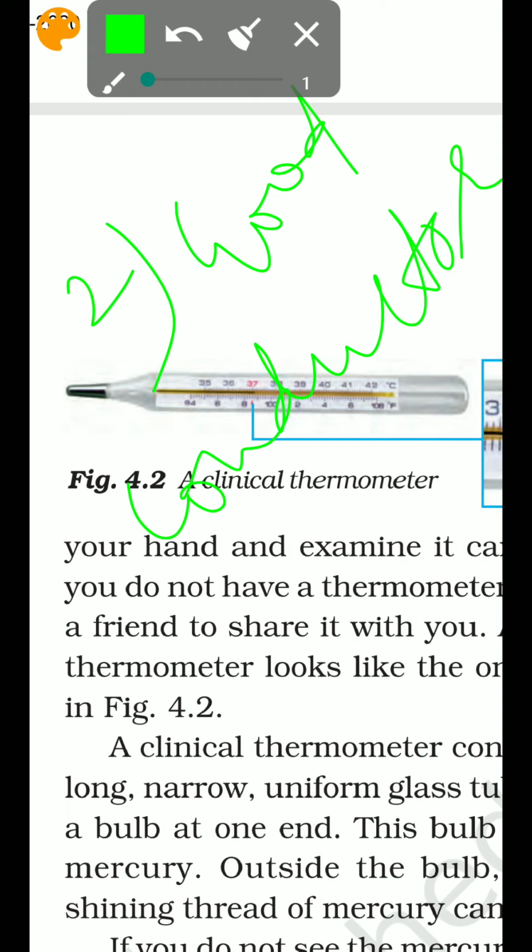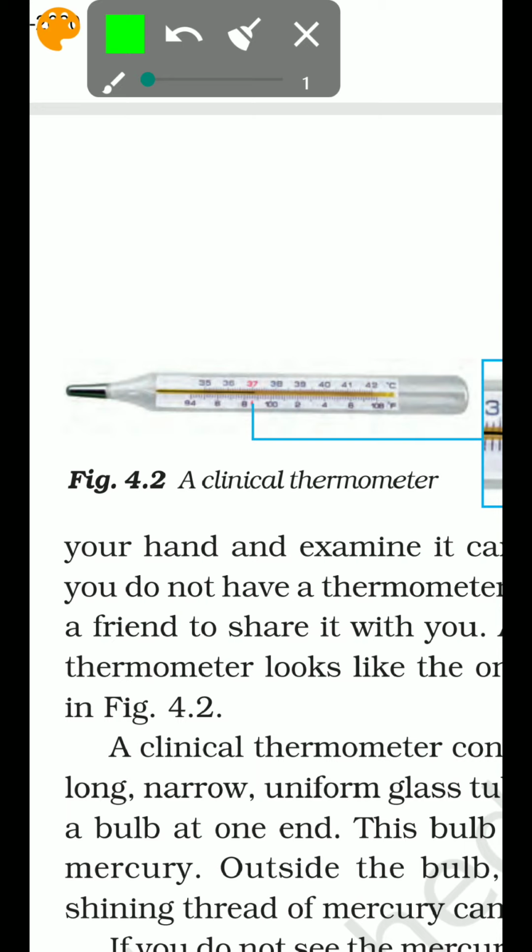As you know, a good conductor has the capacity to transfer heat or electricity. So any liquid which is a good conductor, in which heat can travel from one place to another, can be taken. And we know that mercury is a good conductor, that's why we took mercury.